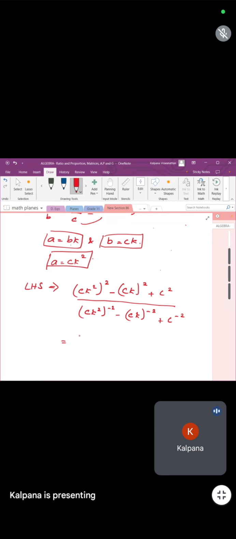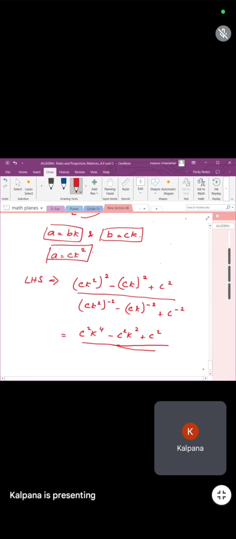So in the numerator, can we take anything common? Before that, you can even write this as C square K power 4 minus C square K square plus C square, divided by C power minus 2 K power minus 4 minus C power minus 2 K power minus 2 plus C power minus 2.